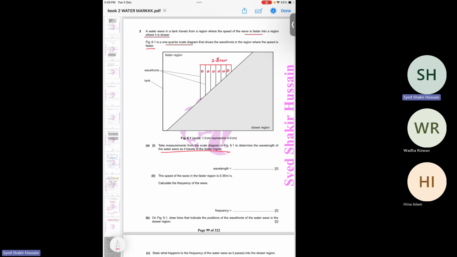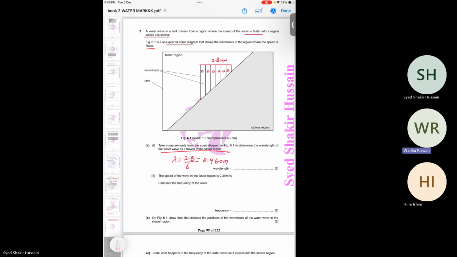So that means one wavelength lambda would be 2.8 divided by 6. That will make it what? 0.46. I got 0.5. Okay, fine. 0.46 centimeter.